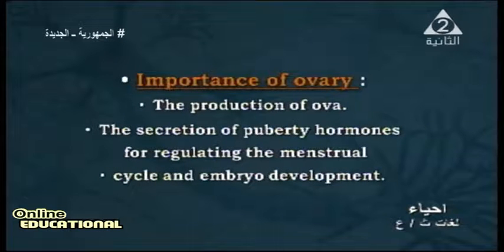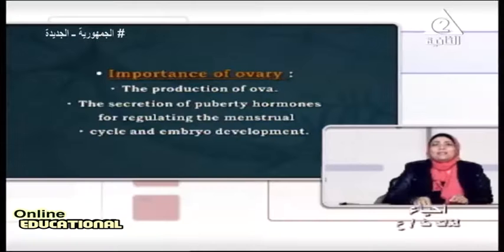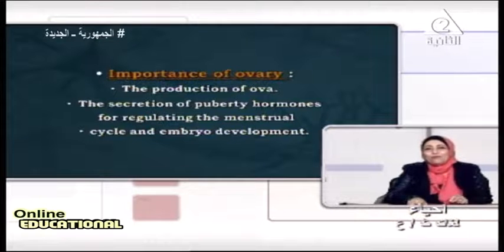What is the importance of the ovary? The main function of the ovary is producing the ova, and about 400 ova are available during the fertilization process.